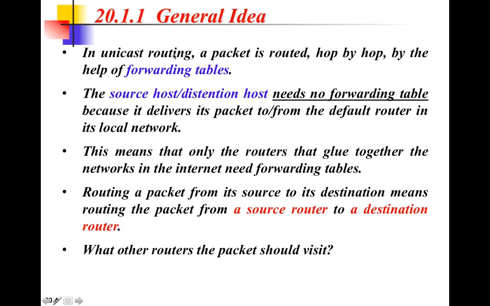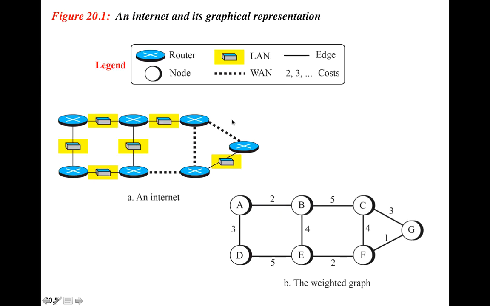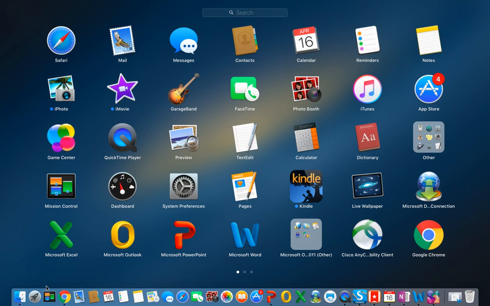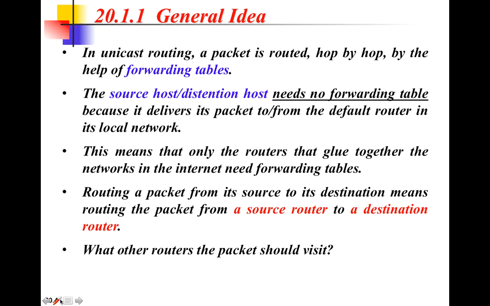So in unicast routing, a packet is routed hop by hop with the help of forwarding tables. We know that every router has a forwarding table, and based on these forwarding tables, the packets move from one router to the other until they reach their destination.